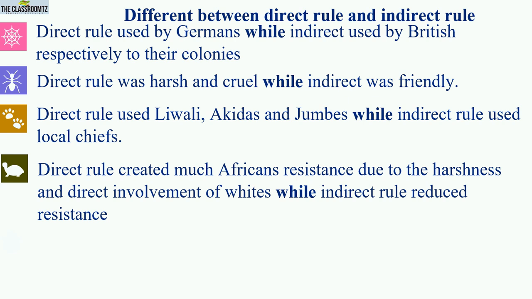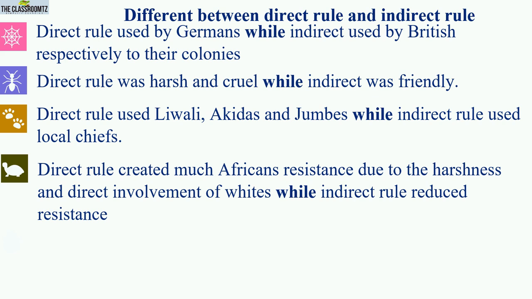The time Germany thought that they were reducing resistance, the resistance kept going up, and most of this resistance was passive resistance. Africans never showed direct or active resistance, especially after failure in resisting the establishment of colonialism.